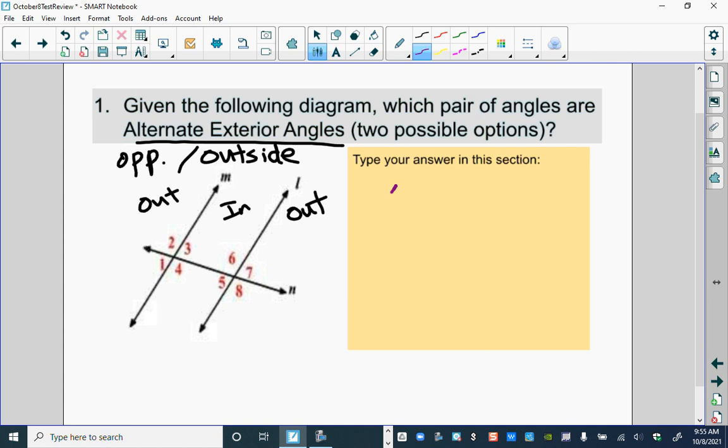So Des said angle 2 and angle 8. So that's one example. That's perfect. 1 and 7 also work as alternate exteriors. Yeah, because 1 and 7, 7's outside, 1's outside. So angle 1 and angle 7 would also work. So those are two possible types.